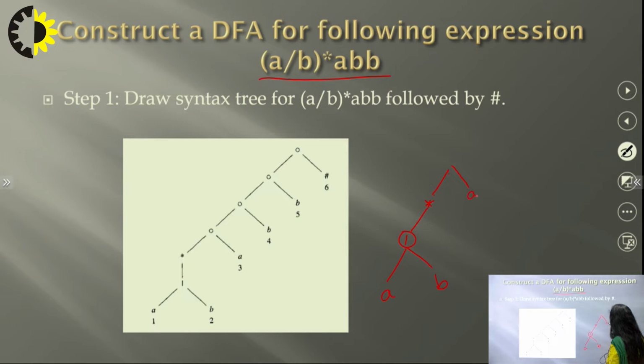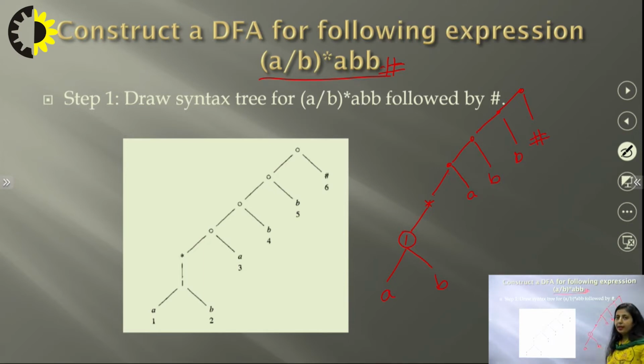Then a is also connected with b with the concatenate symbol. Then another b is connected with b, and for the hash also we have to take the concatenate symbol, right? So we have represented the regular expression in the syntax tree.